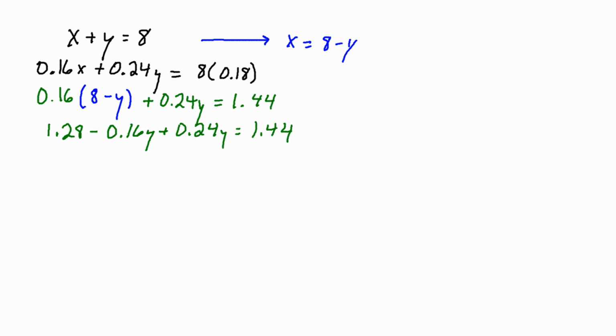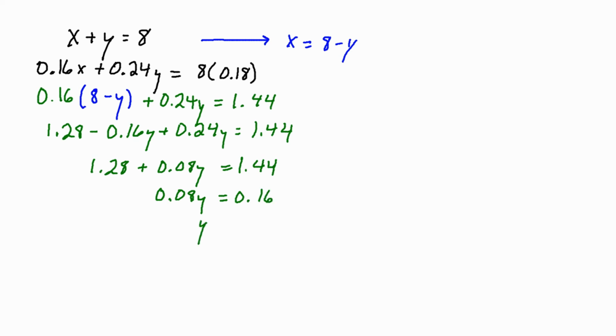Adding my like terms, 1.28 plus 0.08y equals 1.44. Subtract 1.28 from both sides, 0.08y equals 0.16.